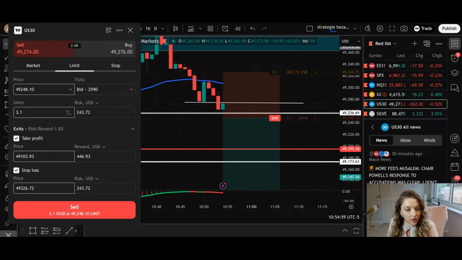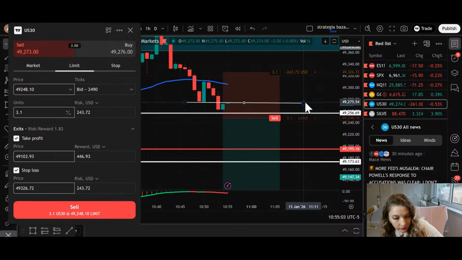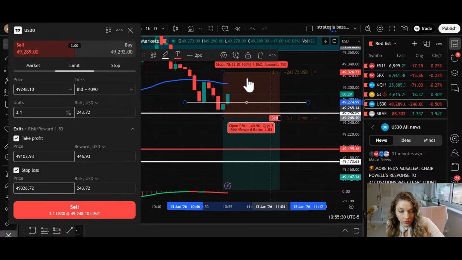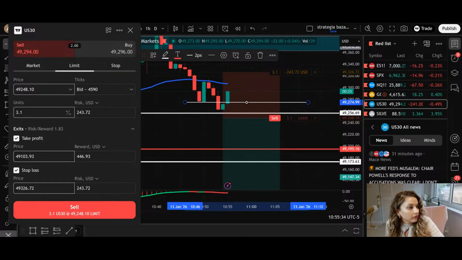Come on, go below the white line. No. No. No, it doesn't want to go.